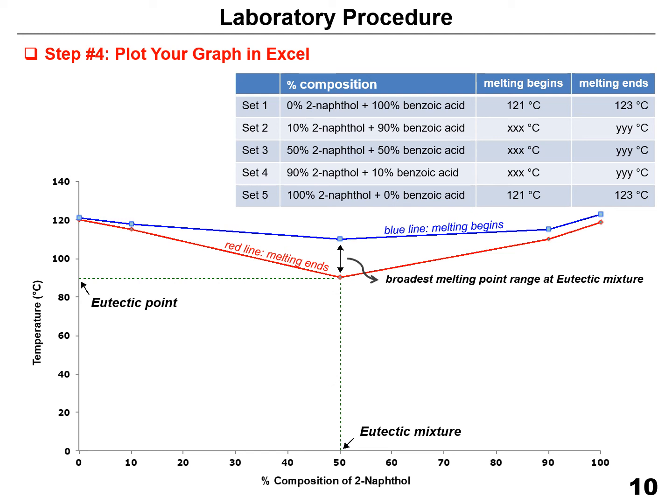When you draw a graph from your results, you will get a graph like this, where the upper line is for the melting point of all the pure samples, and the red point is the melting point for the mixture, the sample with impurities.